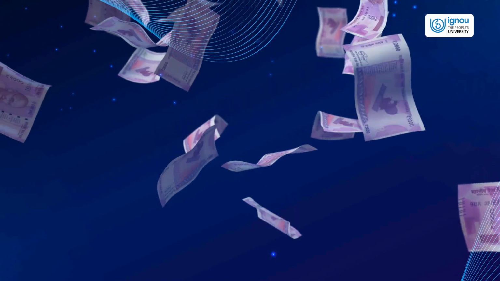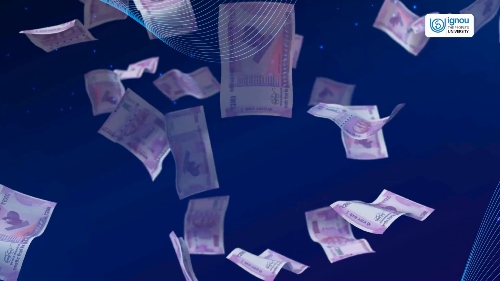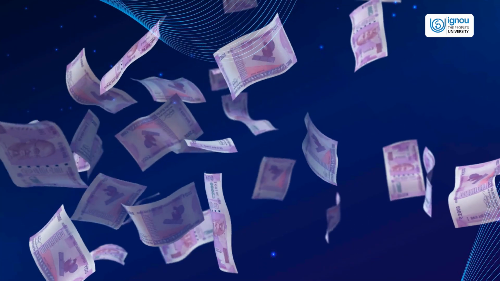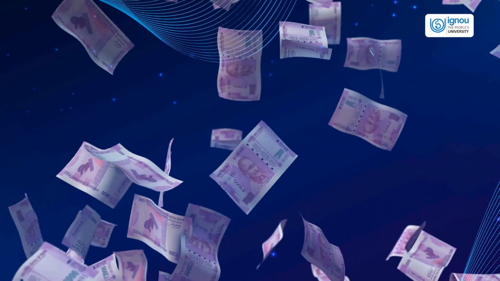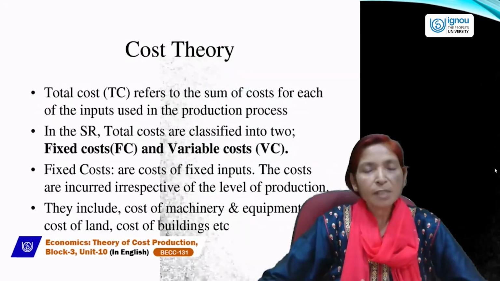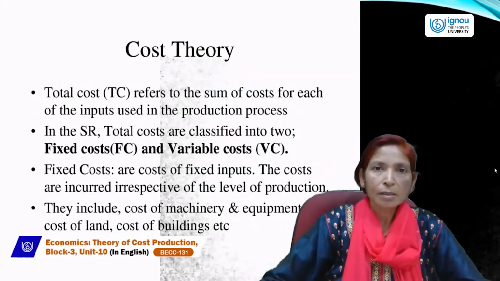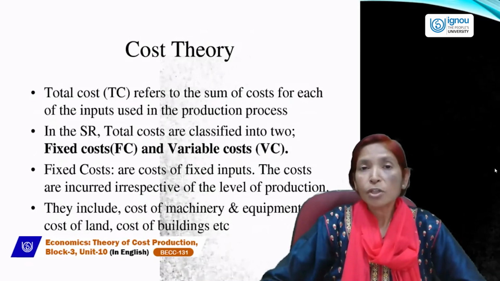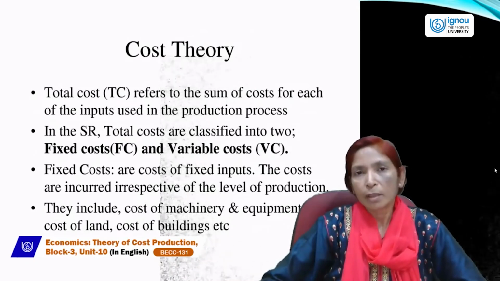So variable cost can be changed according to the level of output, but fixed cost can't be changed according to the level of output in the short run. So the difference between fixed cost and variable cost exists only in the short run, not in the long run.